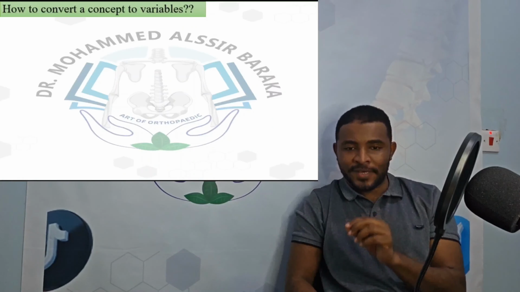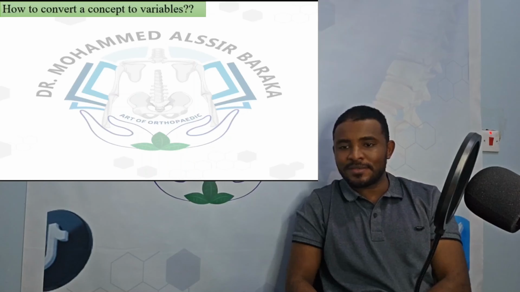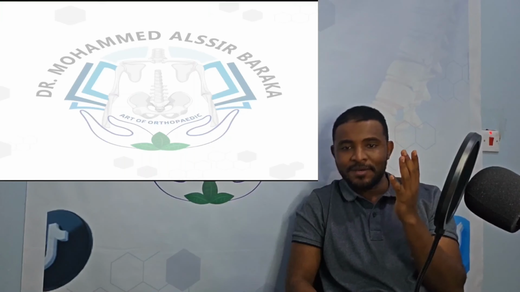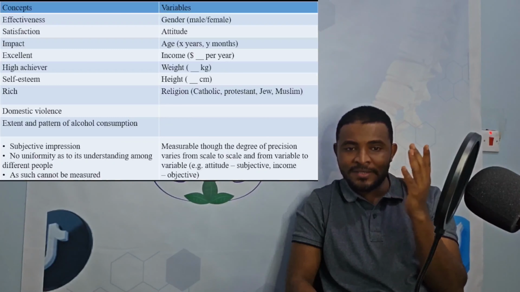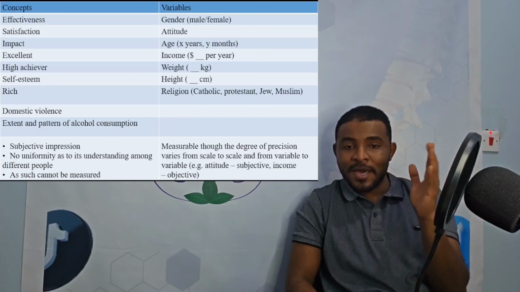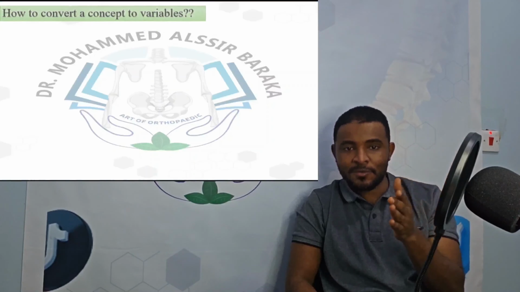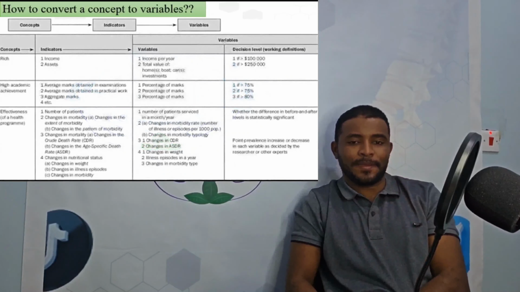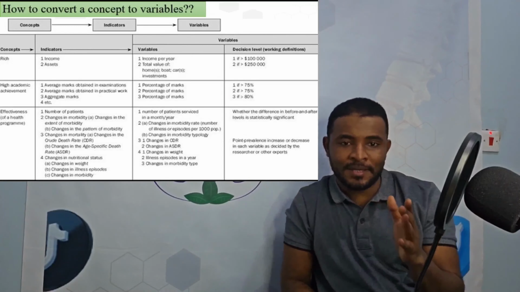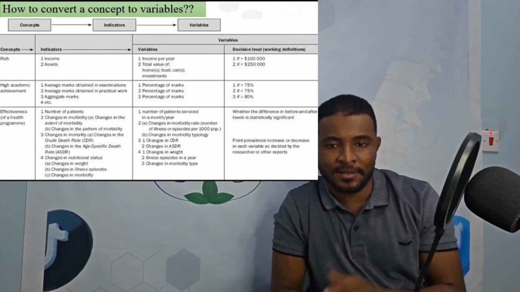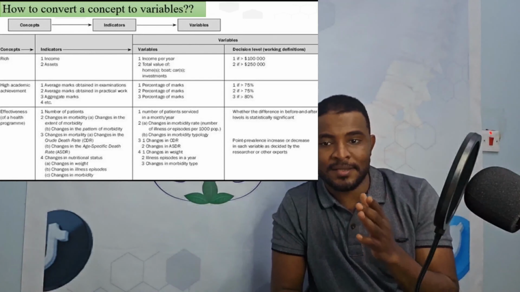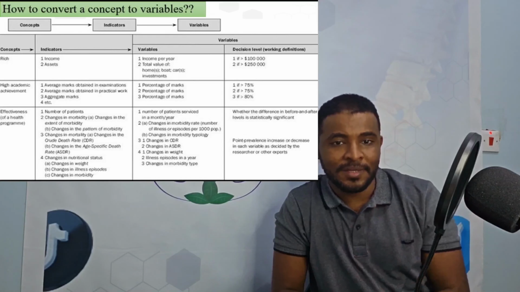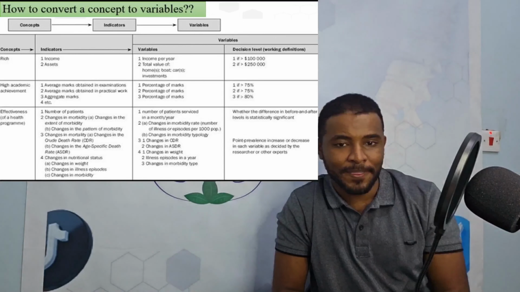How to convert a concept to variables? This is a simple question. You have a concept, for example, effectiveness, satisfaction, excellent, high achiever, or self-esteem. How to convert these concepts into measurable variables? These are concepts, and these are indicators, and then variables. For example, rich: the indicator is income.